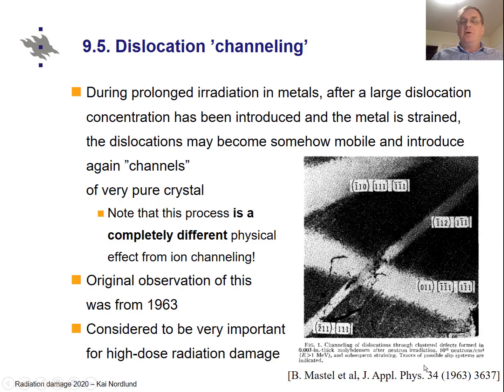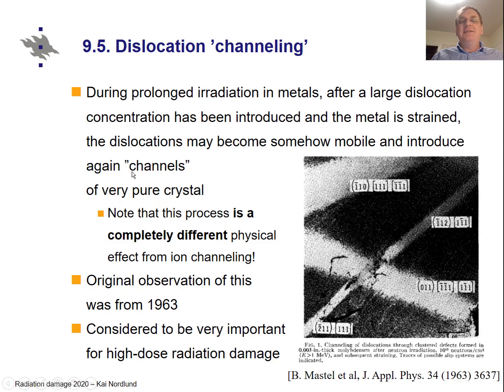Experimentally, what has been observed already a good while ago is that when you irradiate metals for a long time, you first increase the dislocations, but then if you strain the metal, the dislocations somehow become mobile and introduce what's known as channels of very pure crystal. So in this old image here, these dark areas are regions which have a high concentration of dislocations, and then somehow, due to this dislocation channeling, a region of the crystal has been almost completely cleaned of dislocations, even though everything was irradiated.